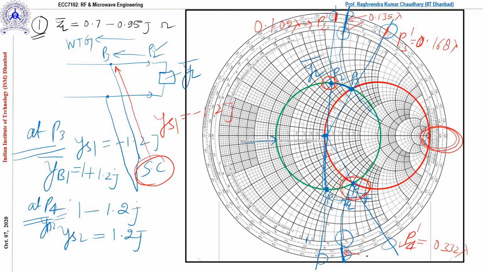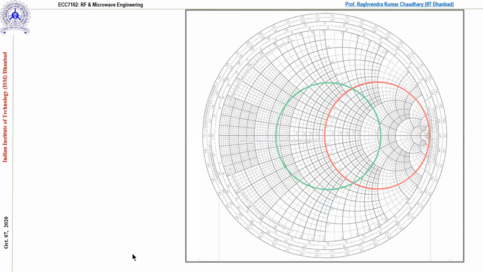If you read this scale, this is 0.361 lambda. So you need to move from this point to this point, and from this to this. This is the first solution and this is the second solution. It's quite easy actually.